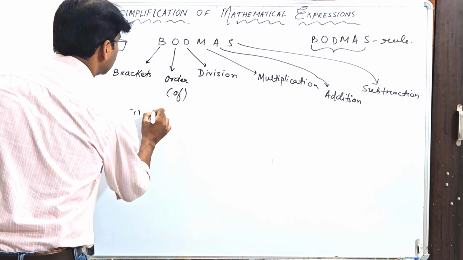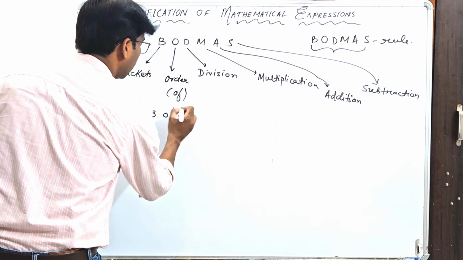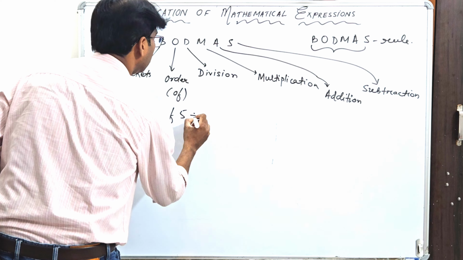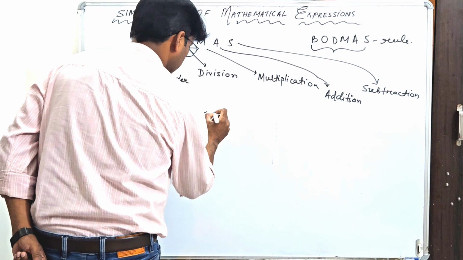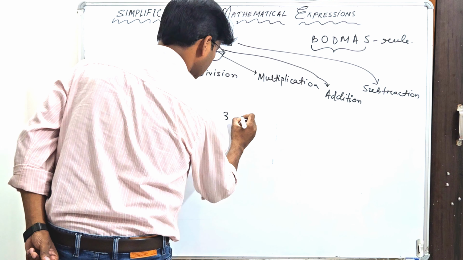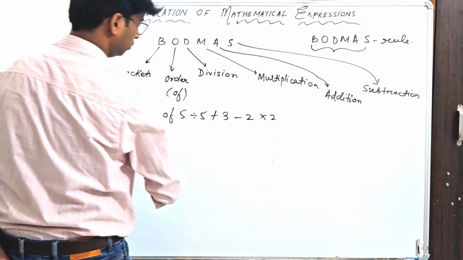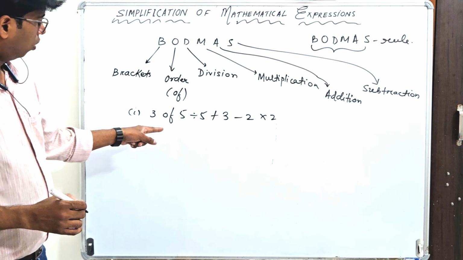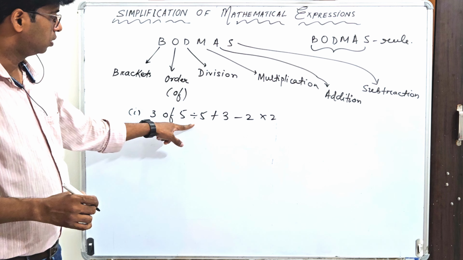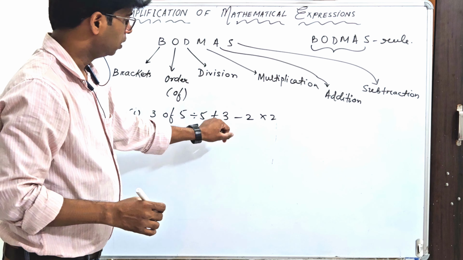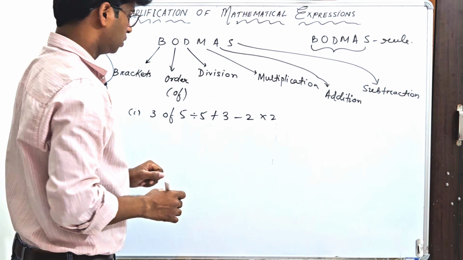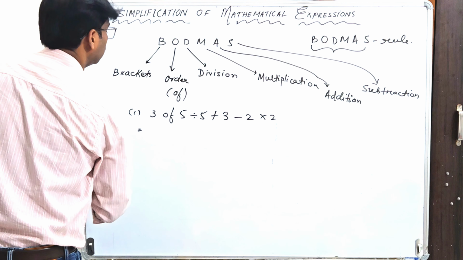The example is 3 of 5, then divided by 5, then plus 3, then minus 2 into 2. So here you see what? Of is there, division sign is there, plus sign is there, minus is there, multiplication is there. So let us see what we can do.